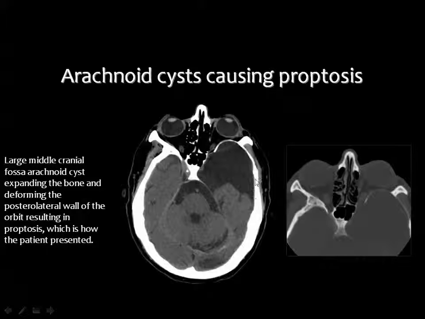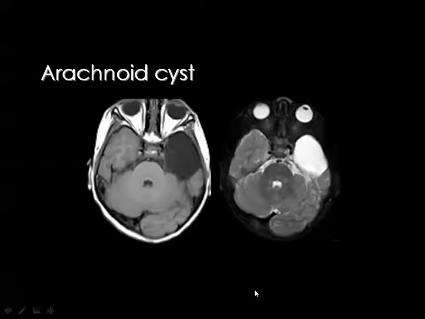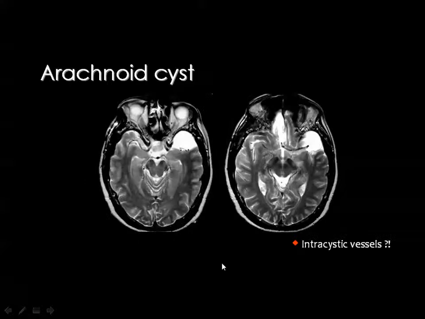You can easily appreciate the degree of bone remodeling of the greater wing of the sphenoid, being relatively thin and bowing anteriorly, encroaching on the orbital cavity compared to the normal greater wing of the sphenoid on the opposite side. Then this is the appearance of an arachnoid cyst by MRI: T1 weighted image low signal, T2 weighted image high signal, almost exactly similar to the CSF in the ventricles.